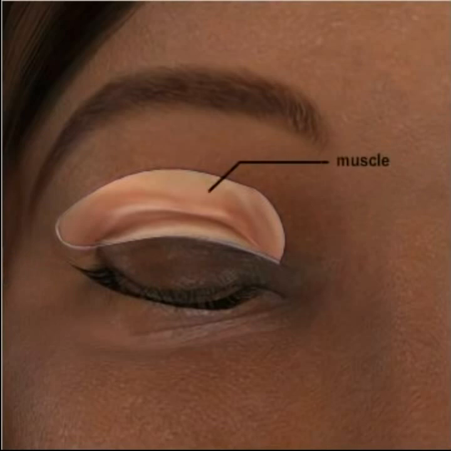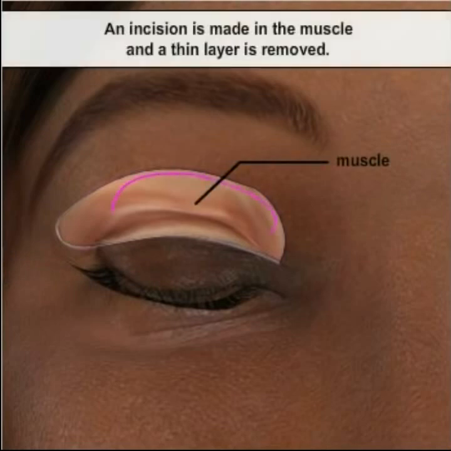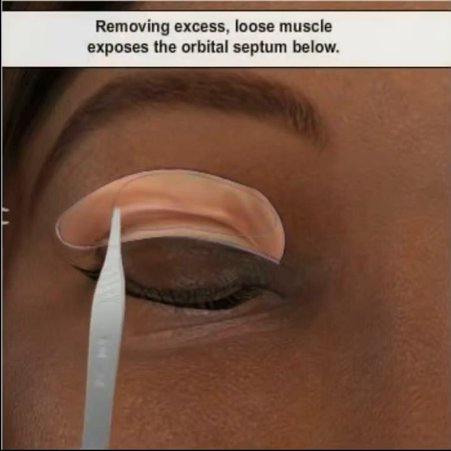In some instances, the physician will choose to remove a small strip of muscle from the upper eyelid, exposing the layers below.